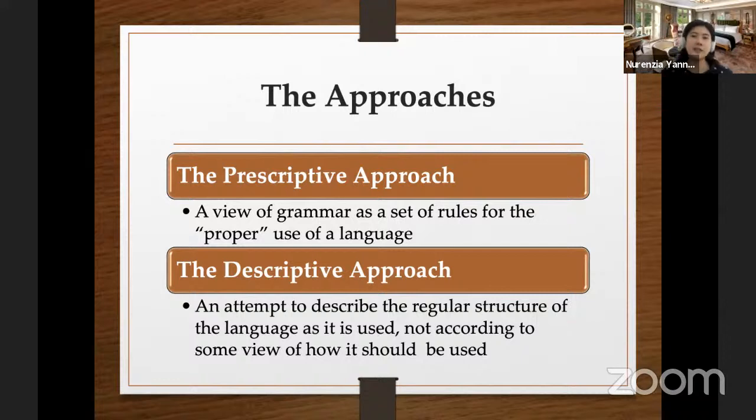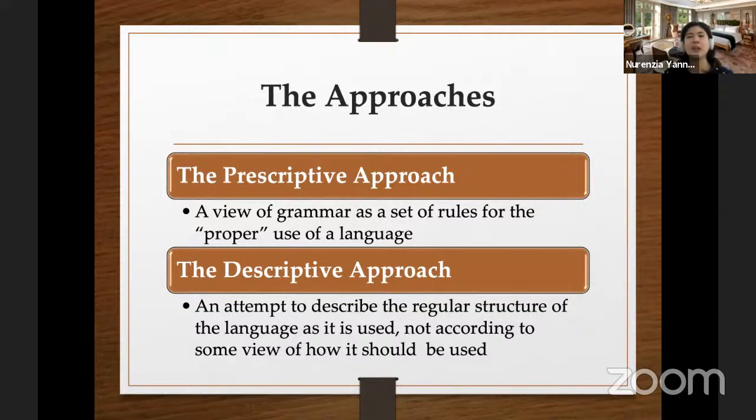But the other view is the descriptive approach. So describing, more relaxed, like looking into how certain ways of combining phrases, combining sentences, or saying things are produced by the community, even if the community does not use it in the same way as the rules.